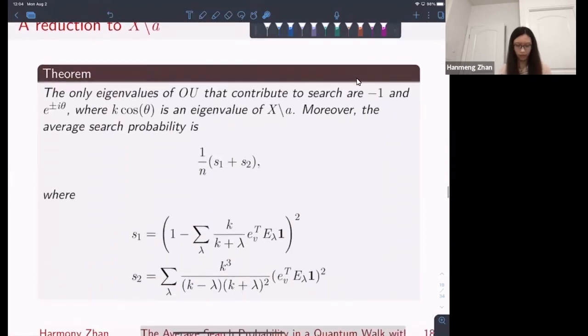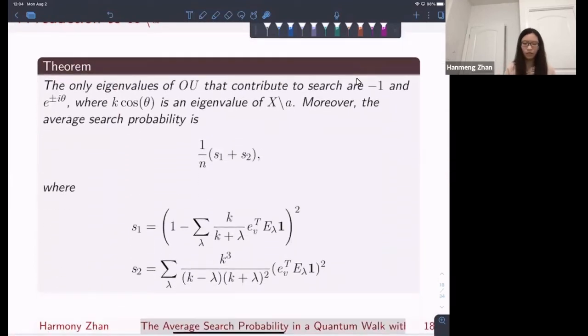So as a result, to determine the average search probabilities, the only eigenvalues that contribute to that quantity are -1 of this unitary matrix and the complex eigenvalues, which we now know depend only on the 0, 1 adjacency matrix of this vertex-deleted subgraph. Okay, and moreover, you can express that probability as the sum of two terms, where the first term is associated with this -1 eigenspace, and the second term is associated with these complex eigenvalues.